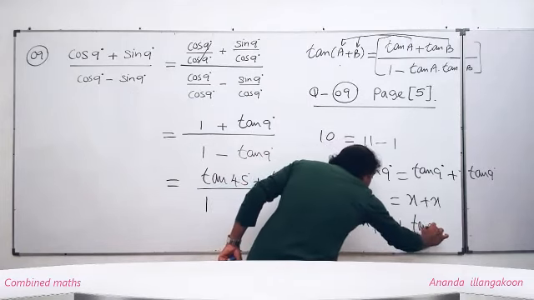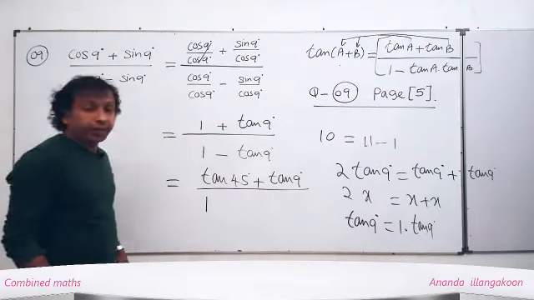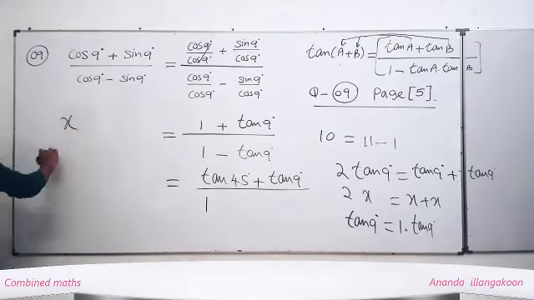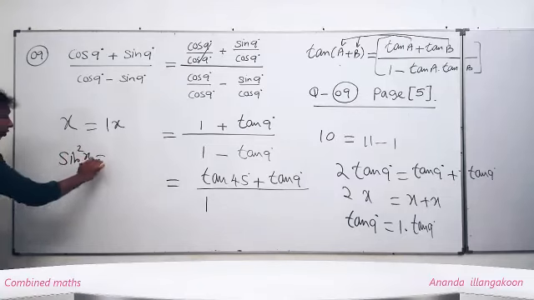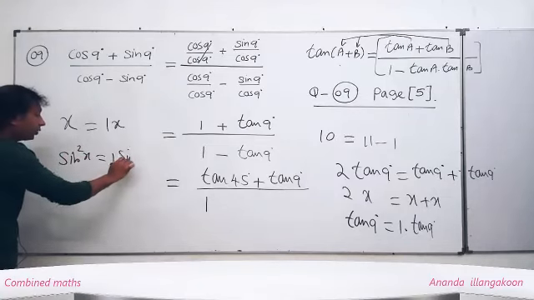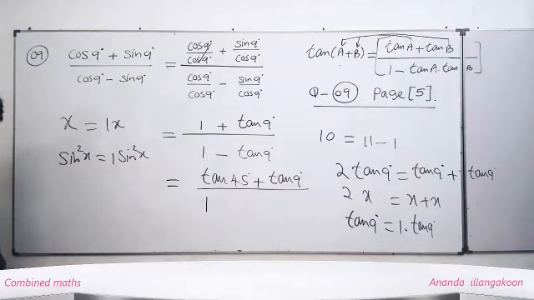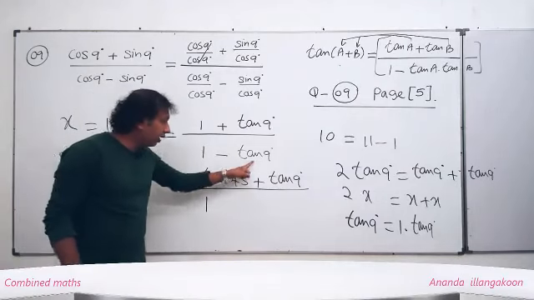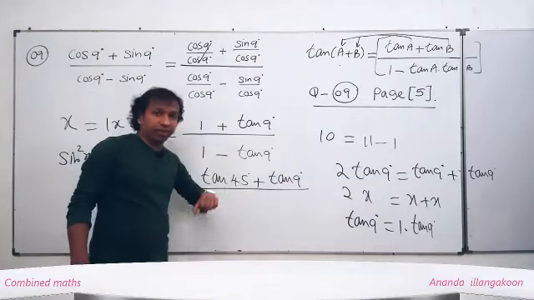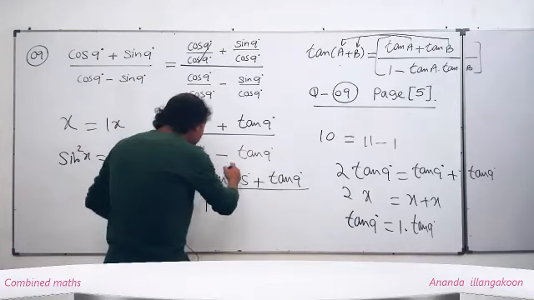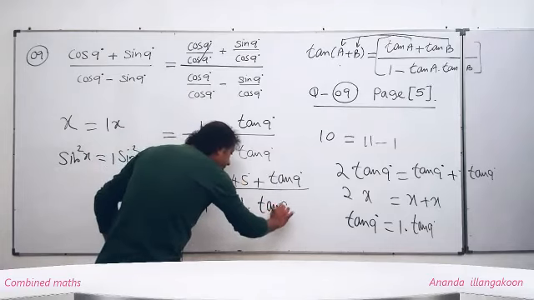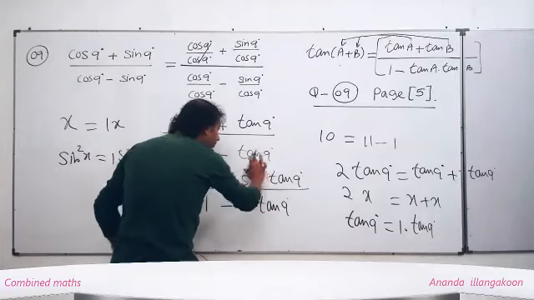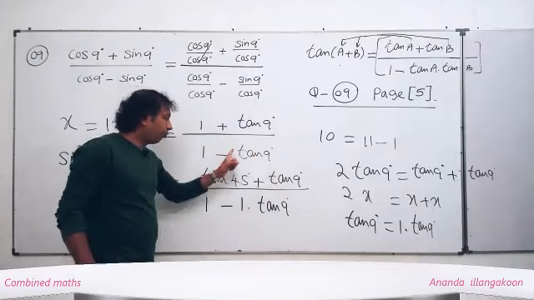Now when we write x here, really this is 1x. When you write sine squared x, what is its coefficient? 1 times sine squared x. Like that, here this tan 9 means 1 into tan 9.